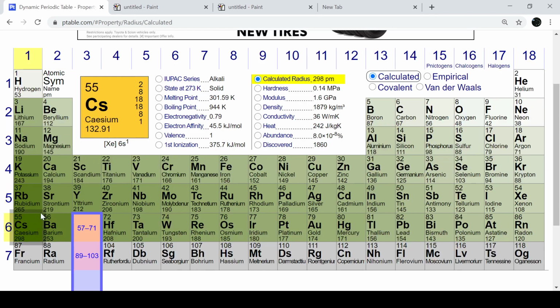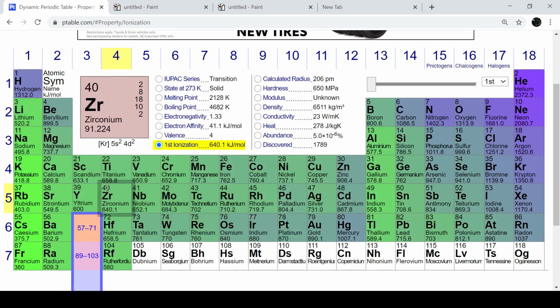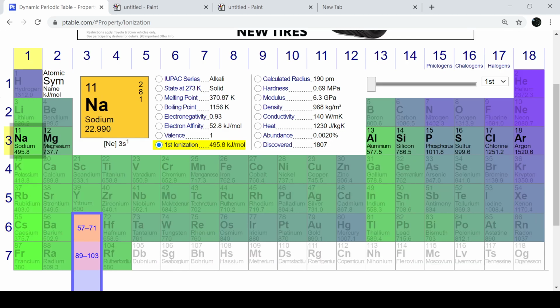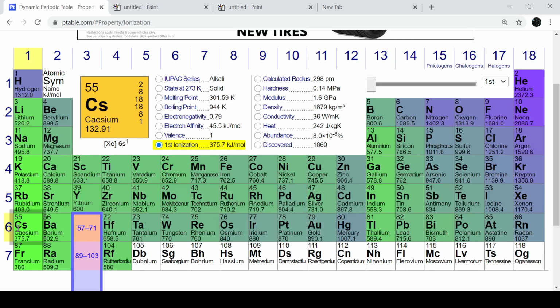We're hopefully going to be able to see that with the coloring here, because right here it's dark, it has a large size. The coloring is terrible on here, but let's go ahead and test our hypothesis.